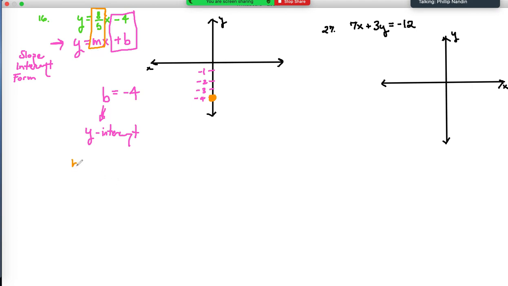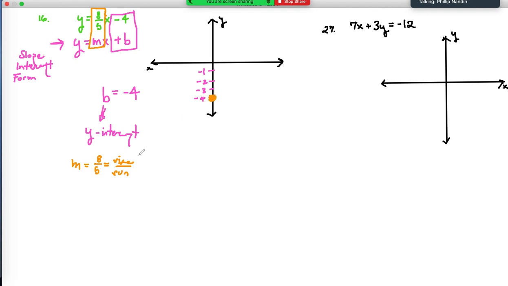Slope in this case is 8/5, which is rise over run. That's slope. So now I use this and this as my starting point to get my next point.